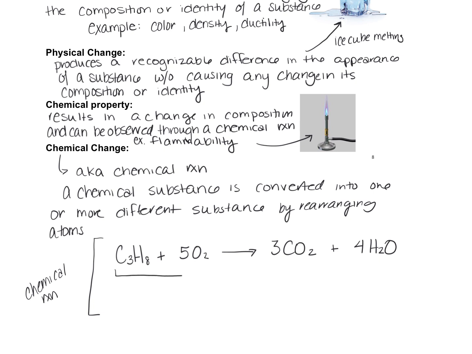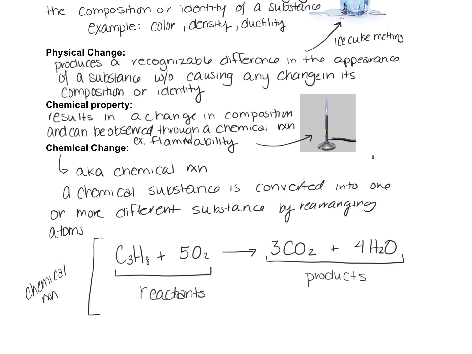And when you look here on the left side, these are our reactants. And then on the right side here, these are our products. And we'll talk more about chemical reactions later in the class. But chemical reactions are the ways that we describe the chemical change or how these atoms are rearranged.